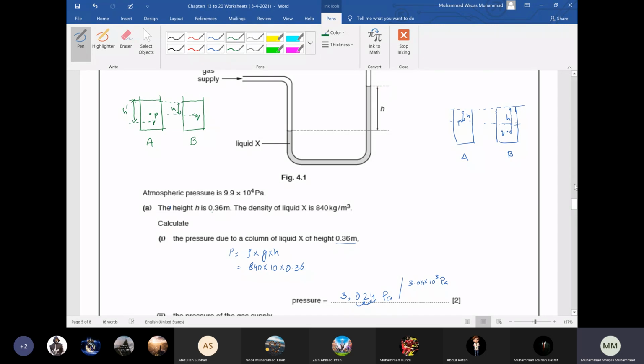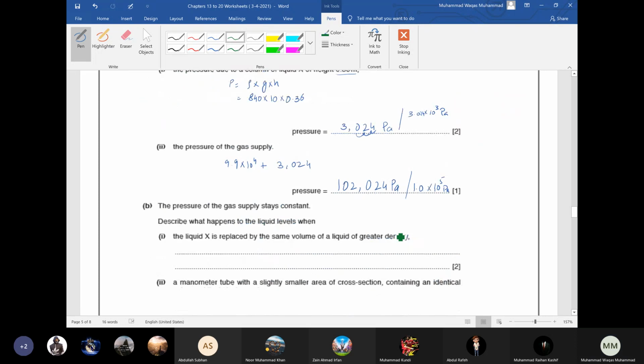Now can you tell what will happen to the level of the liquid when liquid X is replaced by the same volume of liquid of greater density? Beta, what will happen to the left level?